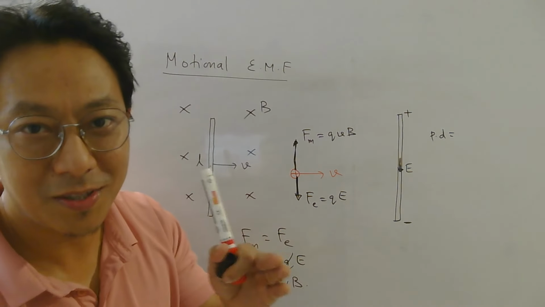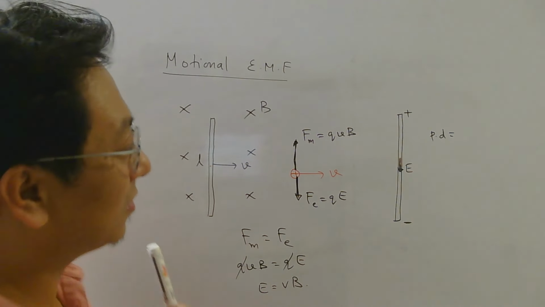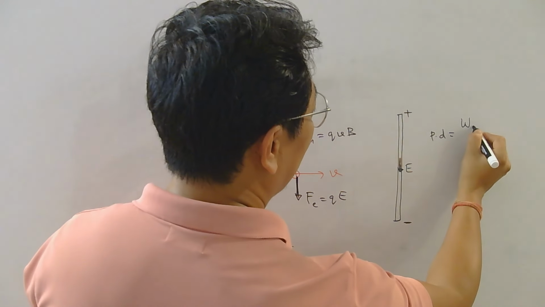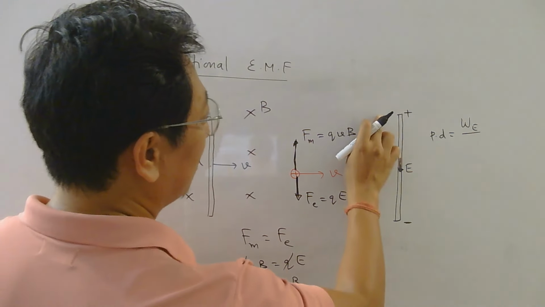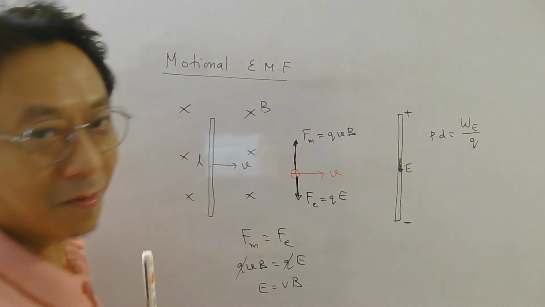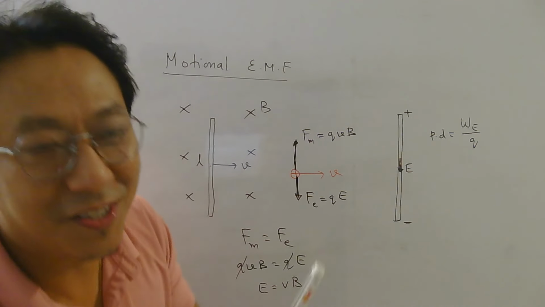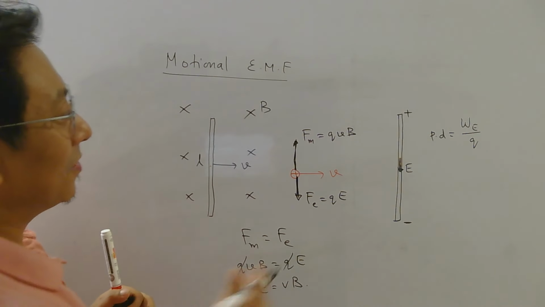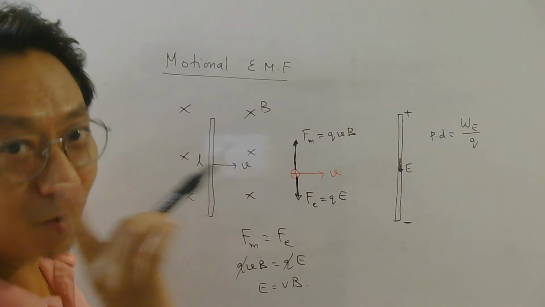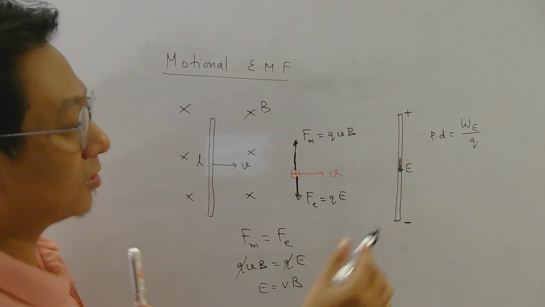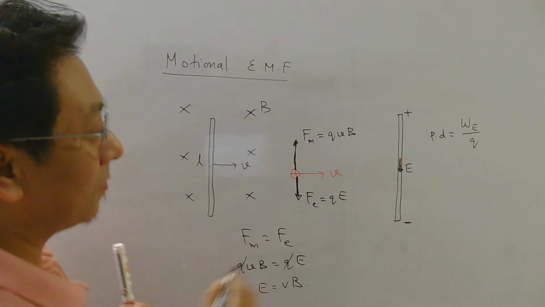so there has to be some electrostatic potential difference. That will be the work done by the electrostatic force to carry a charge Q from here to here, divided by Q, meaning it is work done per unit charge. Now, remember you have to use the electrostatic force because potential differences are only defined for conservative forces like the electrostatic force.